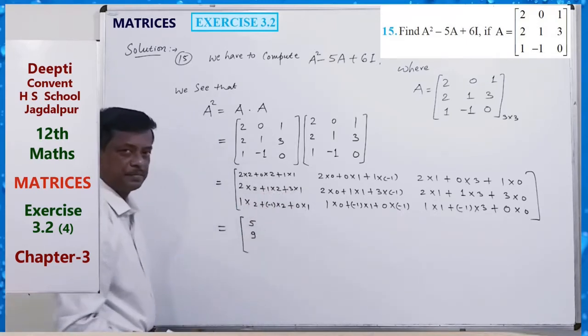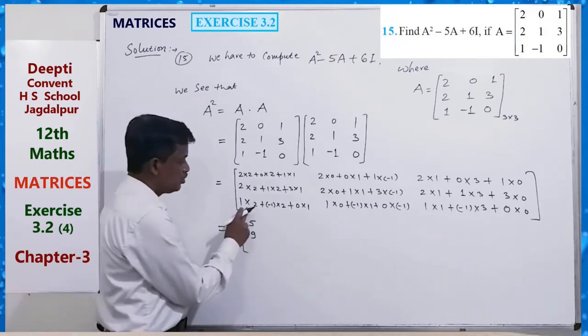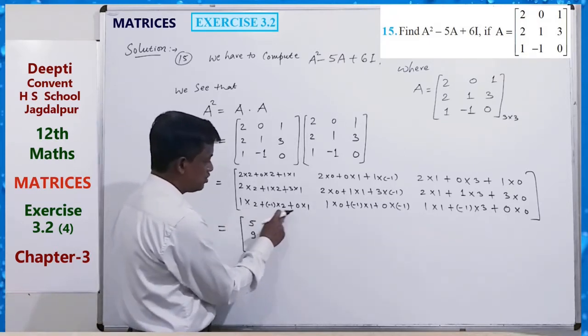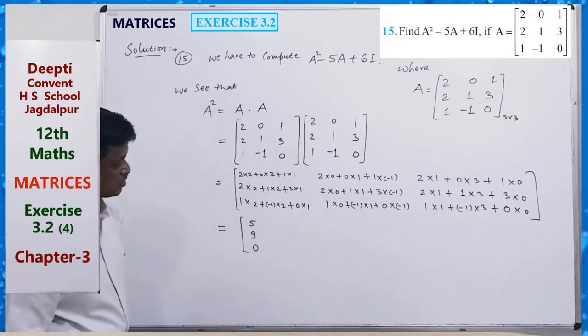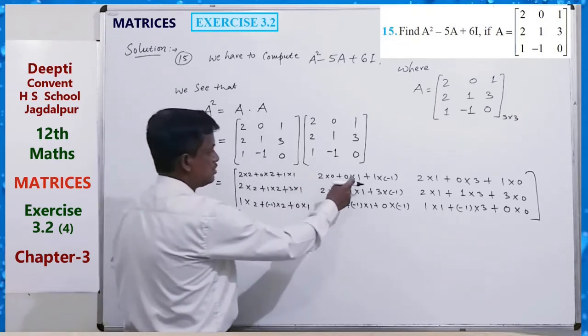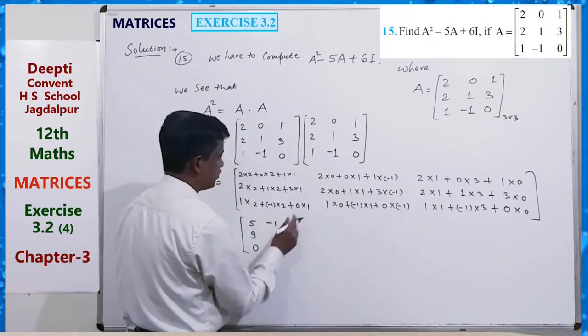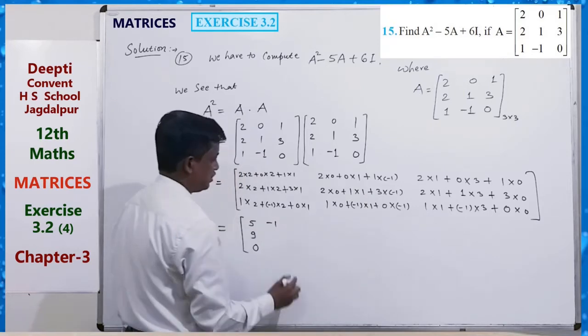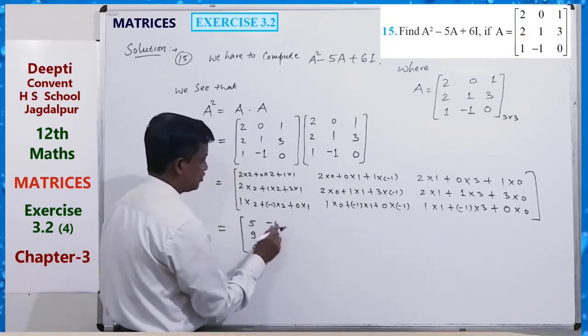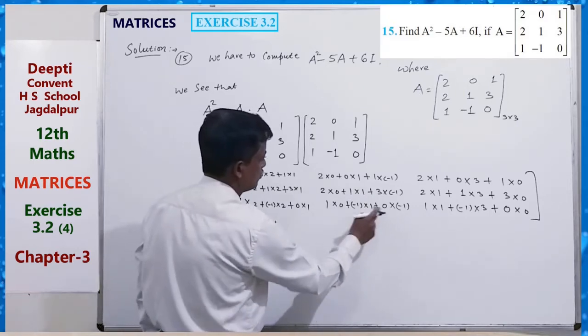Then 2 minus 2, 0, and 0. Here 0, 0, minus 1. Then 0, 1, minus 3, minus 2.